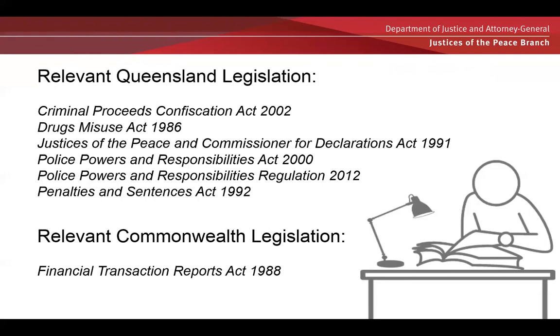The relevant Queensland legislation is on the screen. There's also links below the webinar on YouTube. And the relevant Commonwealth legislation that defines a cash dealer is the Financial Transaction Reports Act 1988.